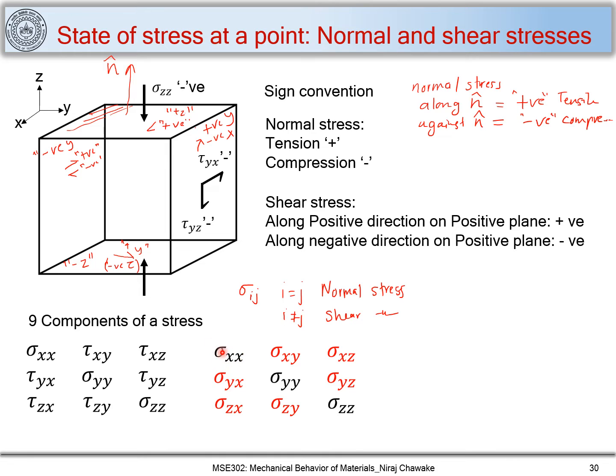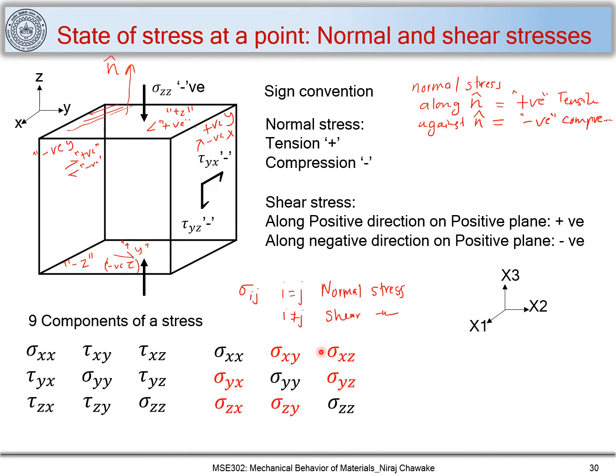So we have sigma xx when i is equal to j, that is your normal stress. So these diagonal components are your normal stresses. When i is not equal to j, they are shear stresses. Here we have used x, y, and z. In some textbooks they use x1, x2, x3.